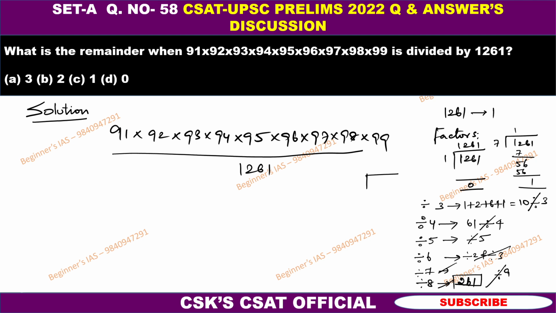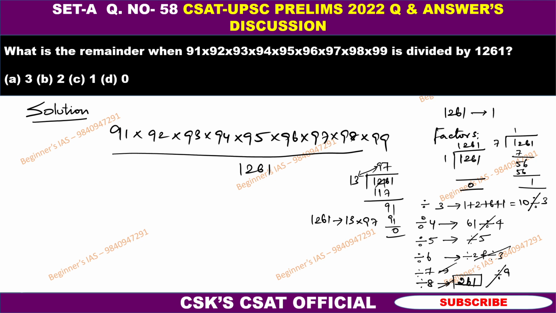So let us check with 13. 1261 divided by 13: 9 times 13 is 117, then borrow here, then 7 times 13 is 91, leaving 0. So we have found the two factors: the factors of 1261 are 13 and 97.